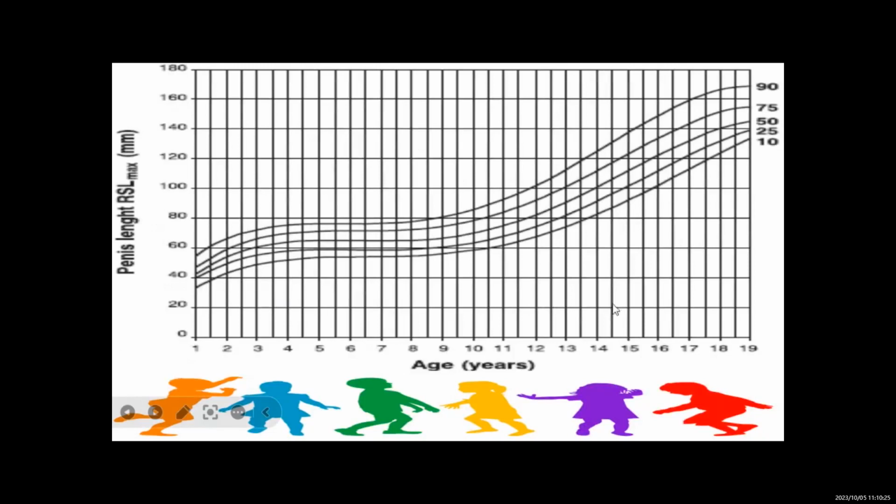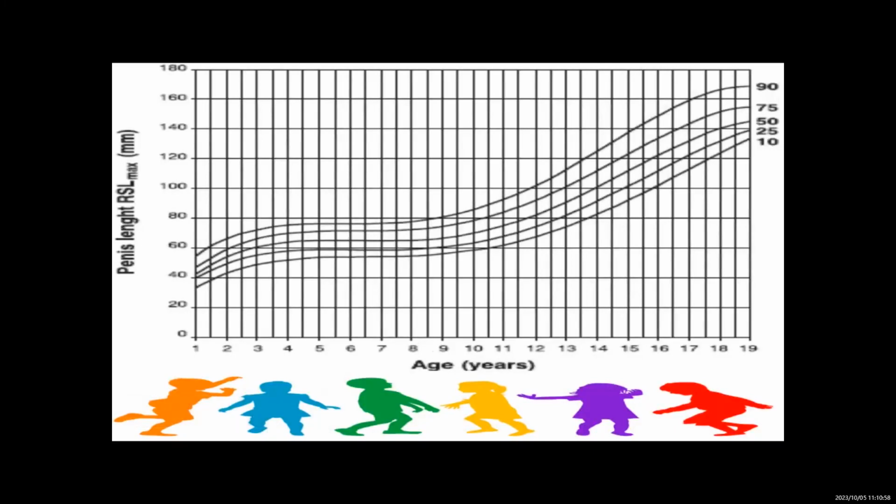That graph is by age, the penile length here, it's maximal and it's in millimeters, but still we can easily convert. So in the case, they were telling us that it's falling below the 10th percentile, right? And his length was 4.5 centimeters, if I remember well. So it would be around 45 millimeters.